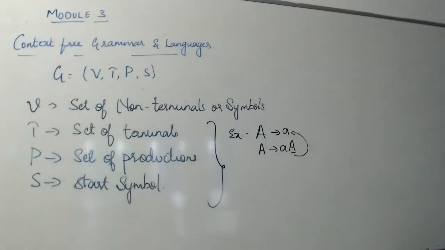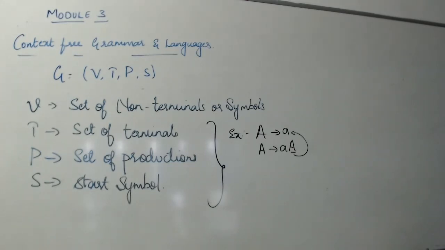This is a simple example, and other examples you can also see. In your reference book, they have provided one more example for an if statement. You can go through that. Okay, this is the definition of your context-free grammar.